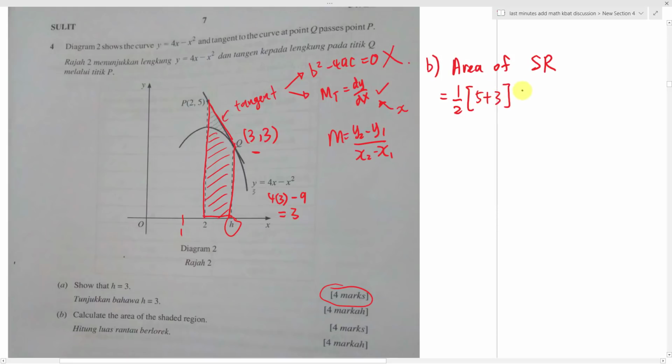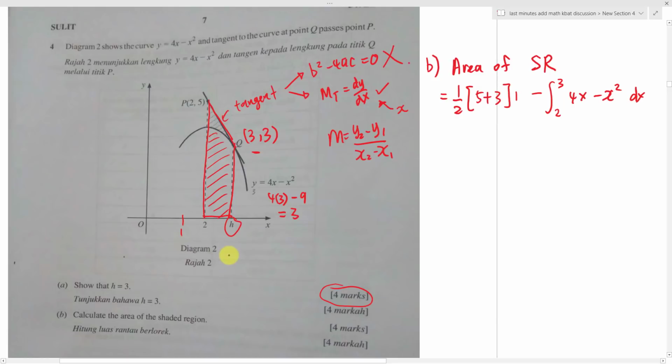The height is just 1. Then I will minus the red shaded area here, which is the area under the curve from 2 to 3 of 4x minus x squared dx, because this curve is toward the x-axis, right?